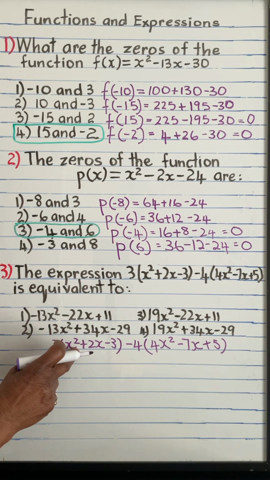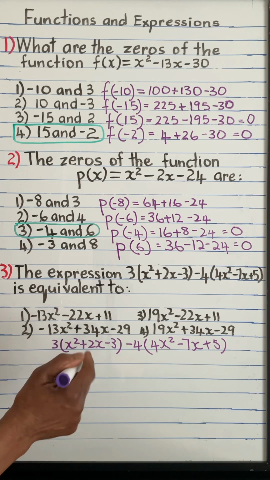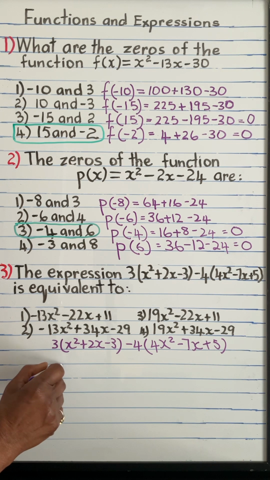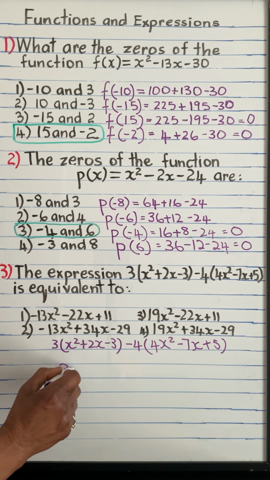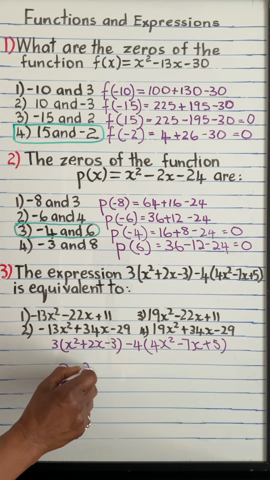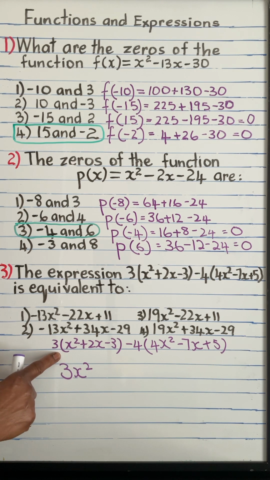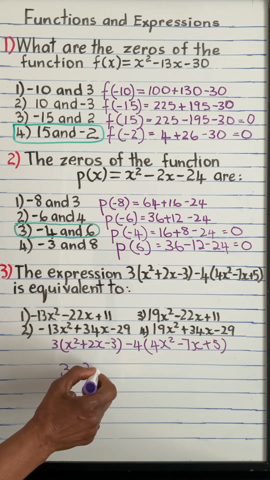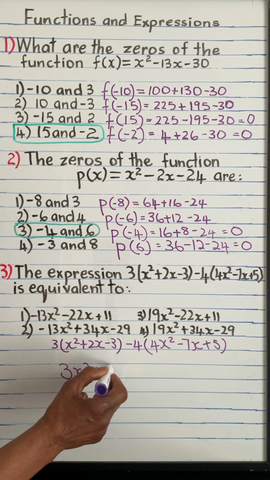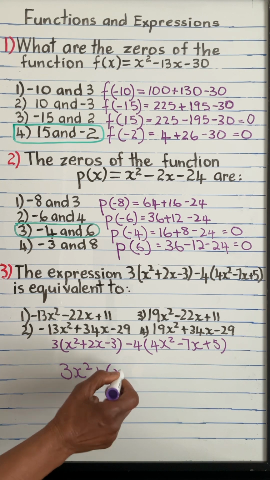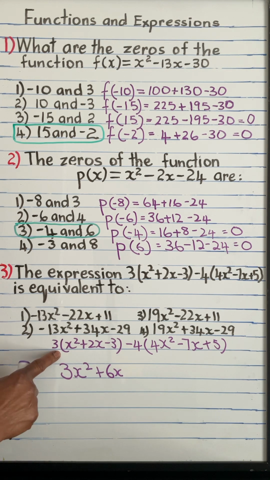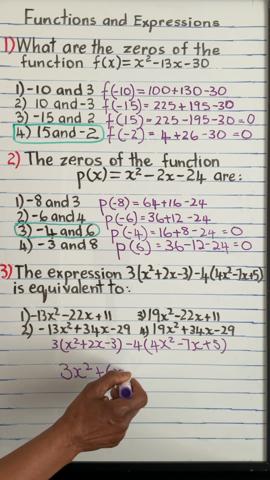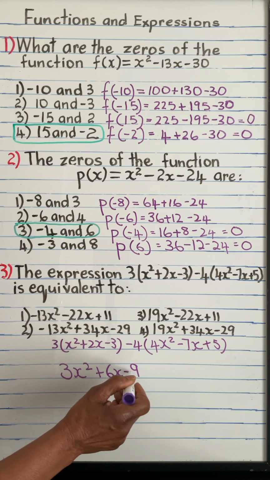3 times x squared is 3x squared. 3 times 2x, plus 6x. 3 times negative 3, negative 9.